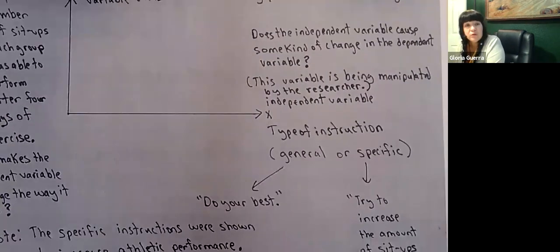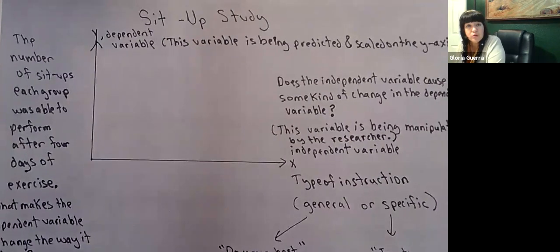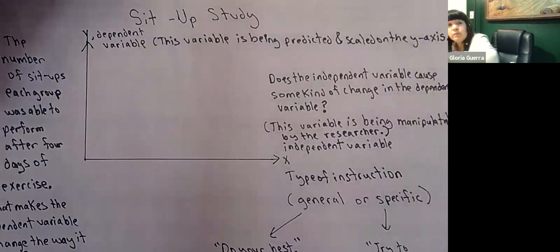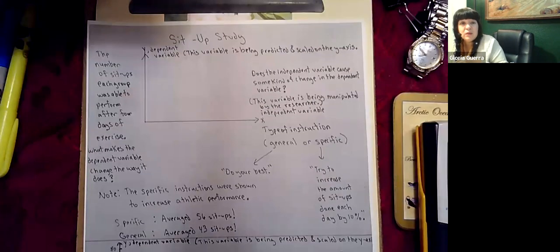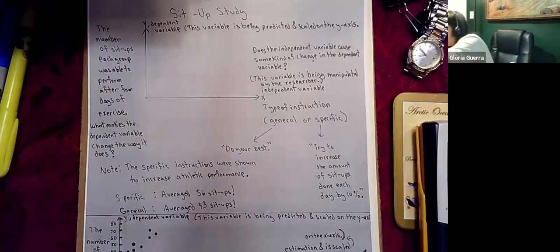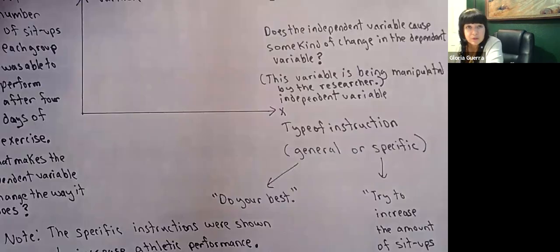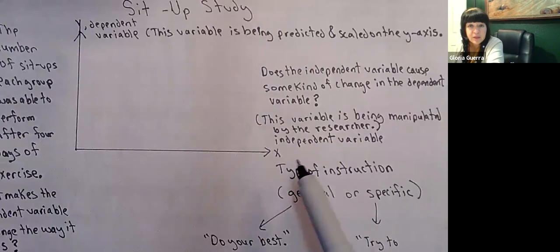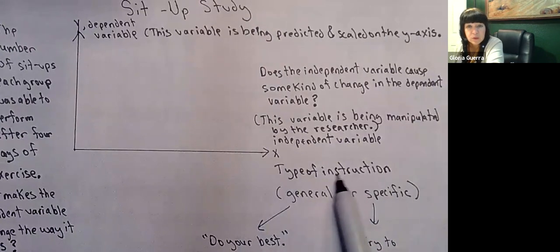And then this sheet over here, this is when you read your ebook. Let me shrink this a little bit. This is coming from your ebook. There is a study where they look at the types of instruction.